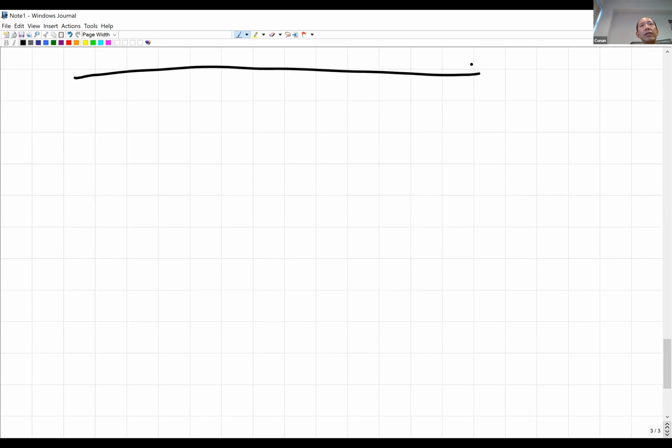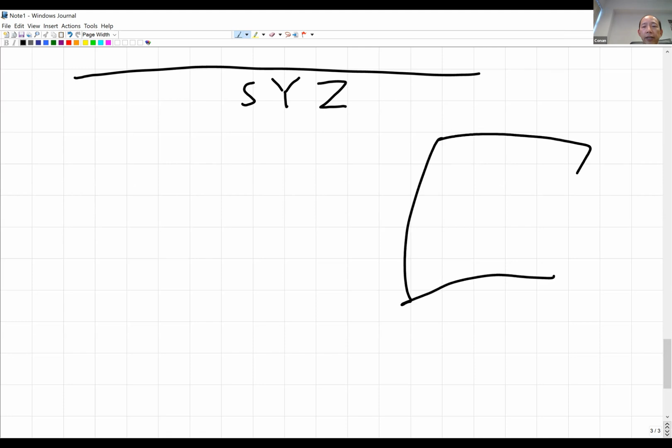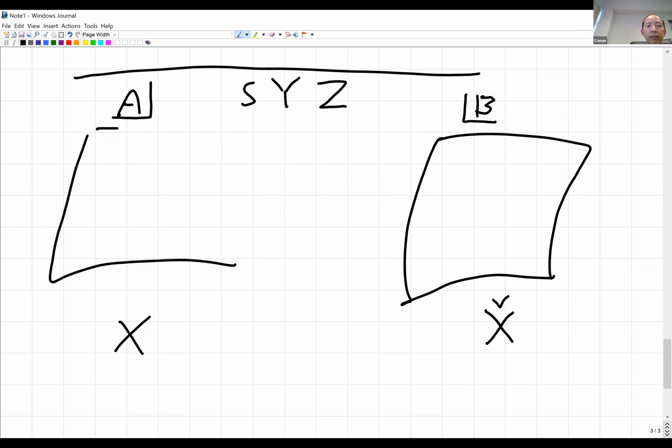And what is the SYZ philosophy? It's the following. Okay. If you start with a space called X check on the B side, which is related to X on the other side, on the A side, these two spaces are mirror to each other. Okay. So the geometry and the physics should be related.